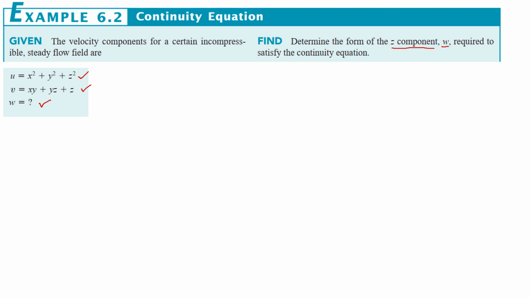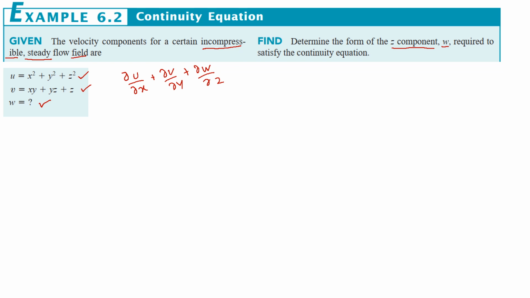The flow field is steady, so we will use the steady flow field continuity equation, and here it is a certain incompressible steady flow field, so it is also incompressible. So our continuity equation will be like this: partial u over partial x plus partial v over partial y plus partial w over partial z.